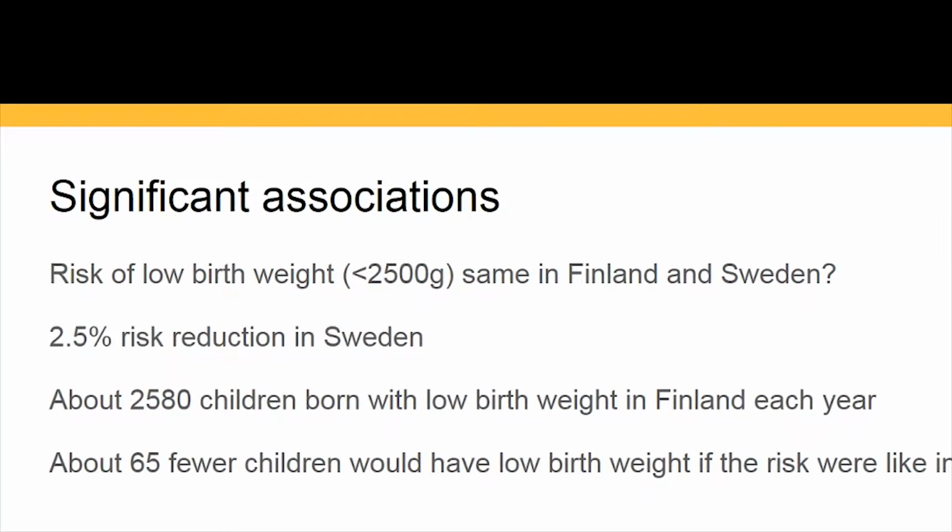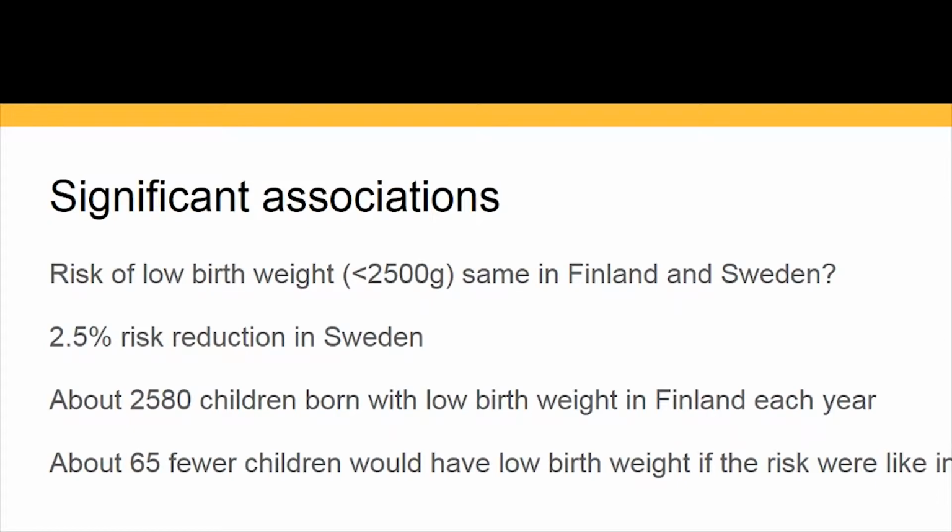Again, the risk was 2.5% lower in Sweden. About 2,580 children are born with low birth weight every year in Finland, suggesting that about 65 children would have been normal weight if the risk had been like in Sweden. I'll explain this one more time, a little more slowly.